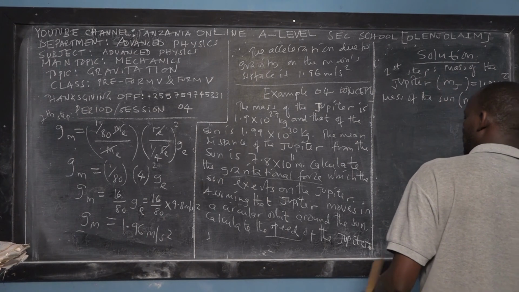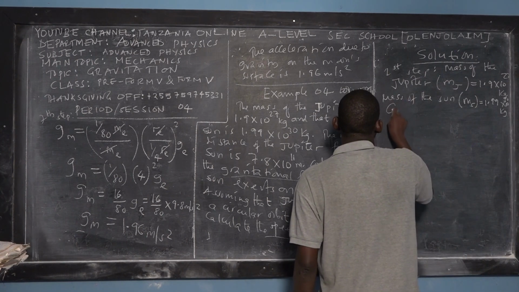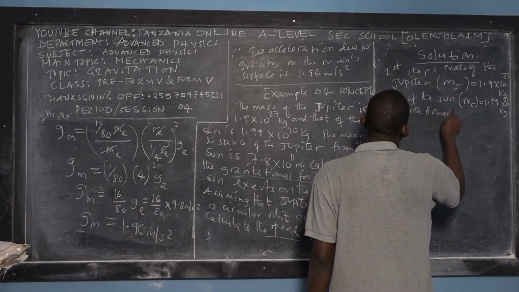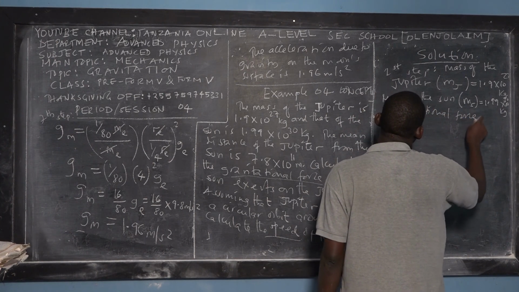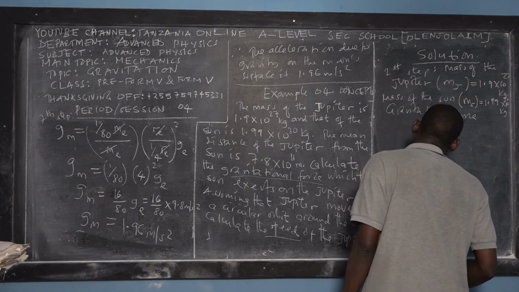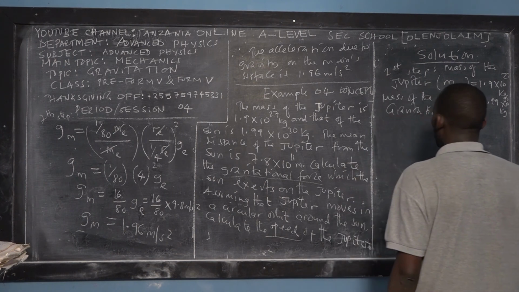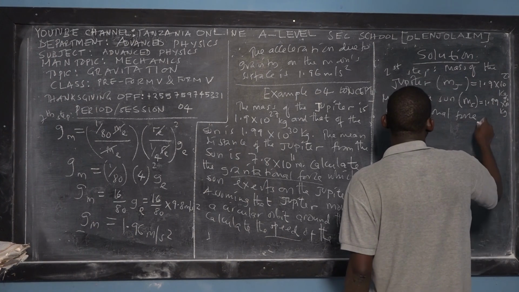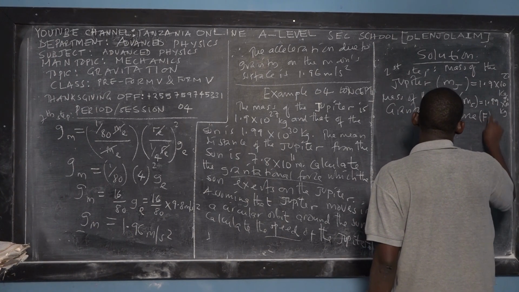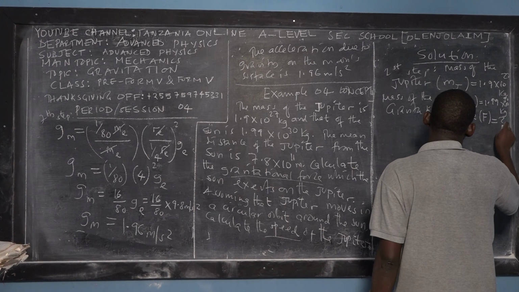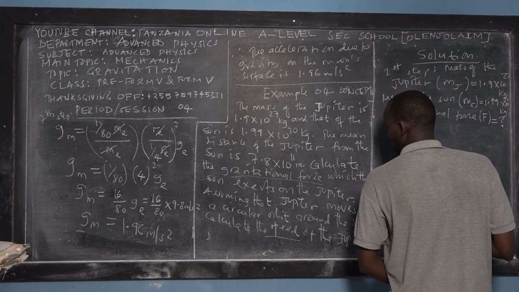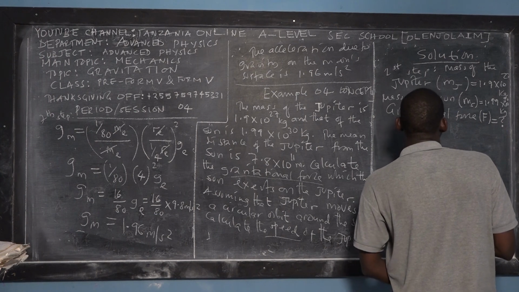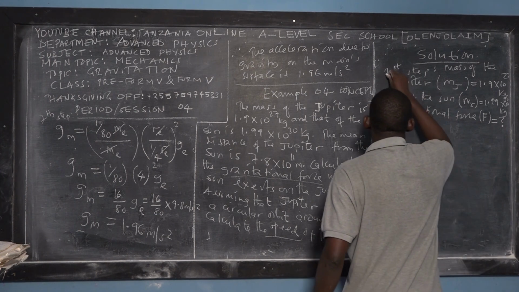Then we have to find the gravitational force. How do you find this gravitational force? That's the question. It is the force which the Sun exerts on Jupiter. This is the first step.